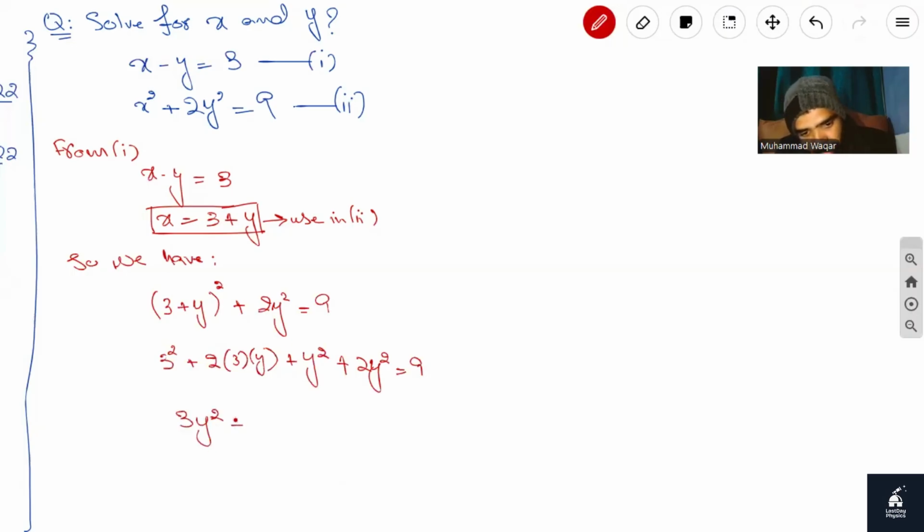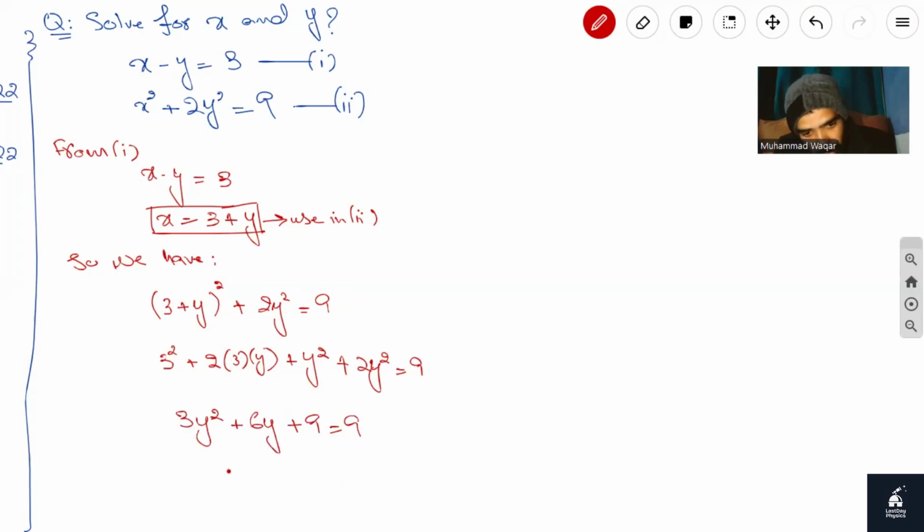It should be 3y squared plus 6y plus 3 squared is 9 equals 9. Now, what we notice is that this plus 9, if we take it to the left-hand side, makes the equation look like a standard quadratic equation of the form ay squared plus by plus c.